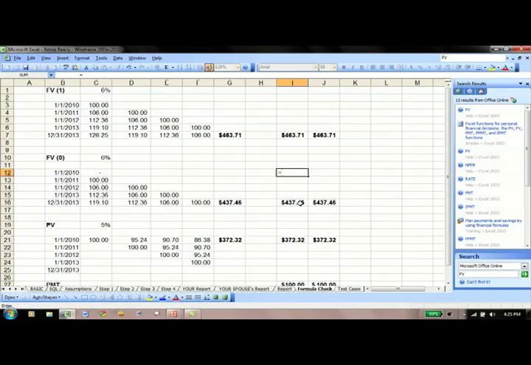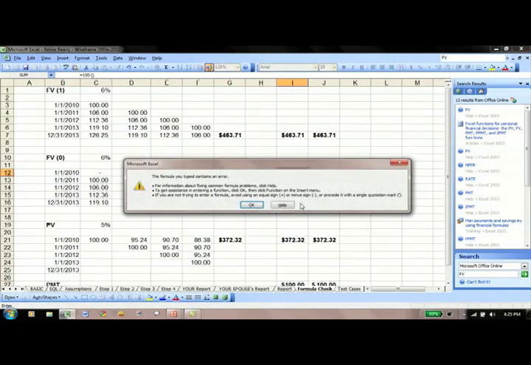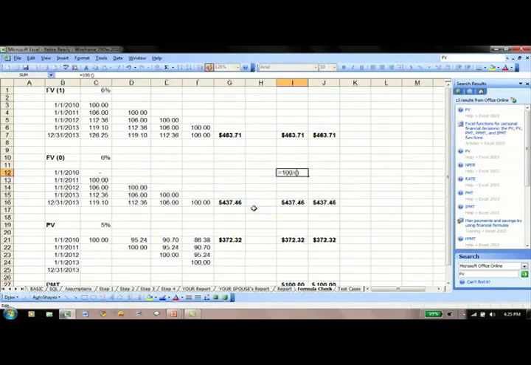Now, another thing that I want to briefly talk about is that you can always have a formula that says equals 100 divided by. In the divided by, you can actually do a lot of things provided you take care of your parentheses. So I first stick in a pair of parentheses, which Excel doesn't like, and then I take my cursor back in and I say I want it divided by 1 plus the interest rate, and now this caret sign is to the power, and I'm going to say to the power of 5.